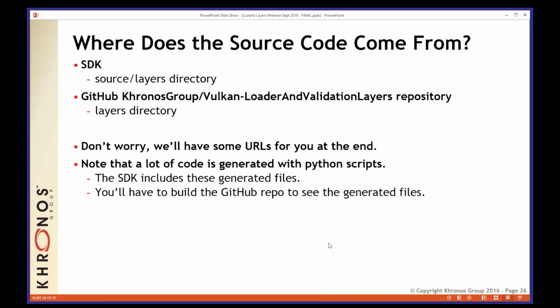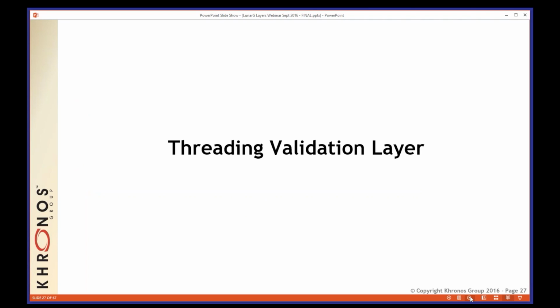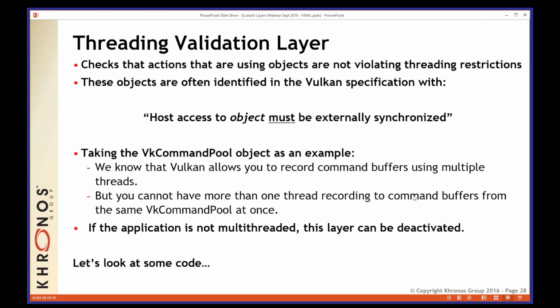The downside is that you need to run something to generate those files. In the case of the SDK, LunarG has generated those files for you, and they are part of the SDK. But if you're looking at the GitHub repo and want to look at the generated files, which you'll have to do very shortly, you'll have to actually build the repo, or at least run the Python scripts for it.